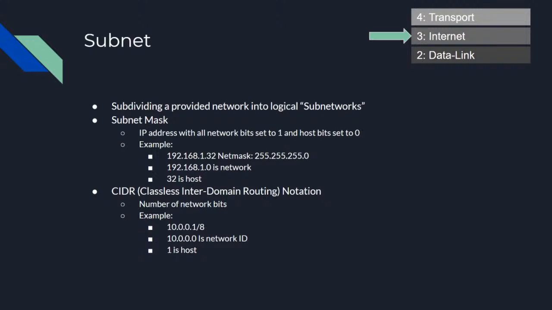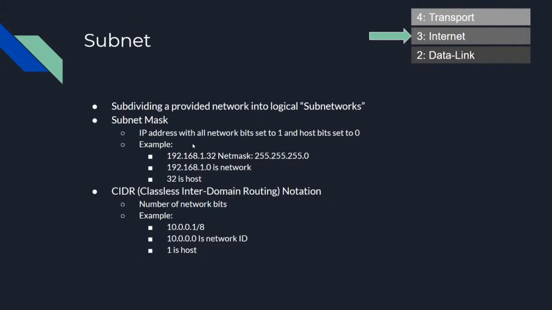So you can have one subnet for your accounting, one subnet for your computer labs, one subnet for your VoIP phones, all that good stuff. So it's just a way to subdivide your networks into smaller networks.